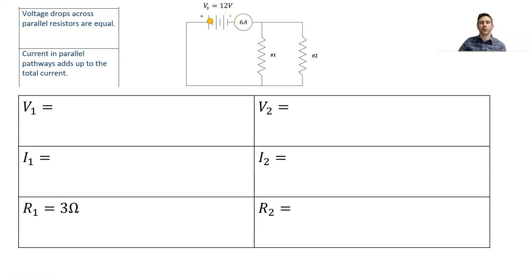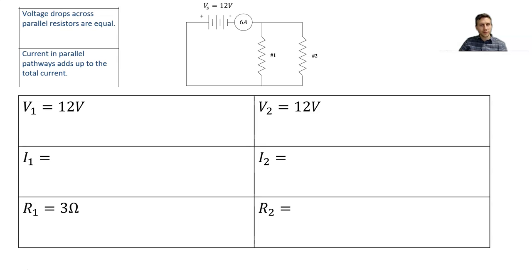We can kind of think of voltage that way for this purpose. It starts with 12 volts and goes through resistor 2 and loses all 12 volts. Now it also could have gone through resistor 1 and it would have lost 12 volts there. So these are actually both going to be 12 volts. And that obeys our rule for voltage. They are equal.